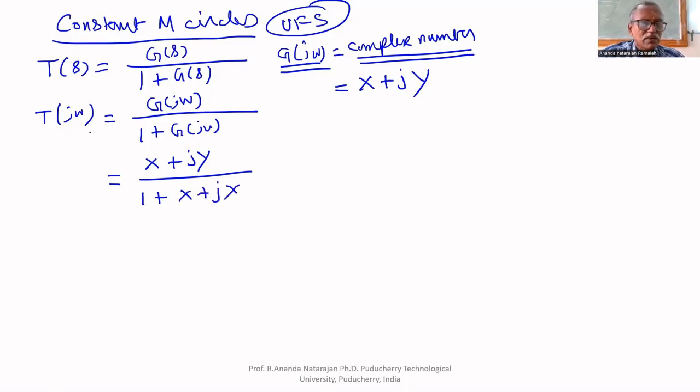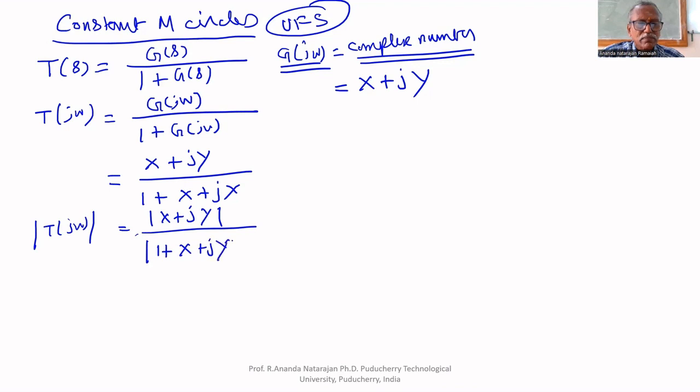What is the modulus of T of j omega? That is equal to modulus of x plus jy upon modulus of 1 plus x plus jy. Let us call this modulus value as M. What is the phase?